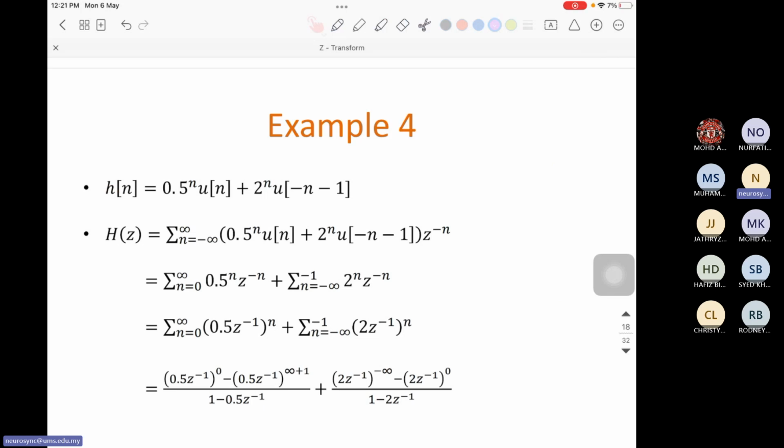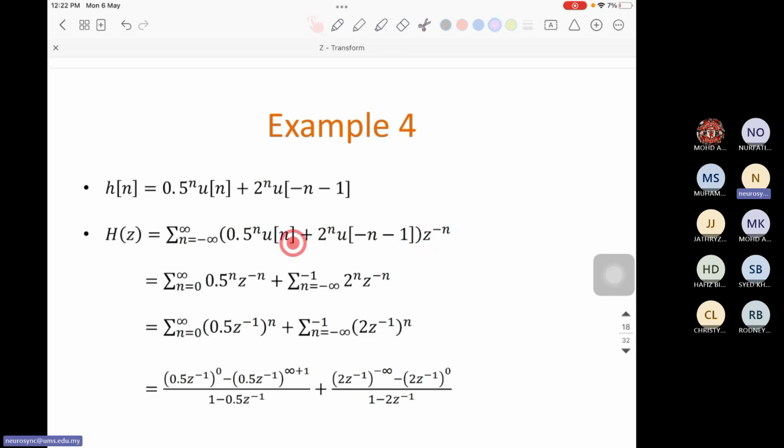Now find h of z for this given h of n. You can directly apply the formula, that is, the summation over minus infinity to infinity of h of n z to the power minus n.